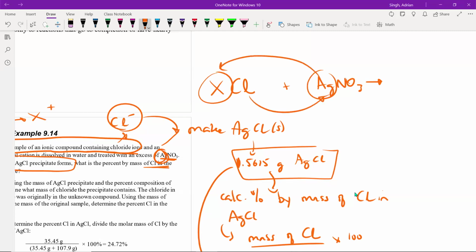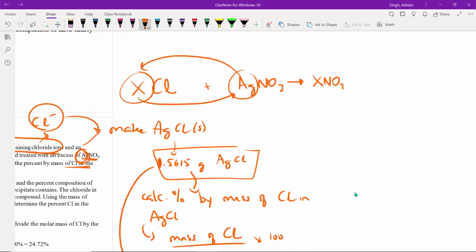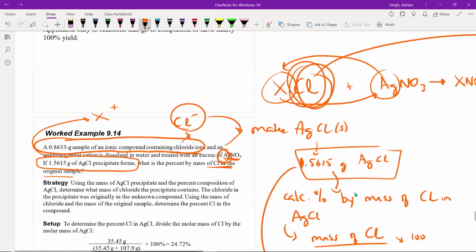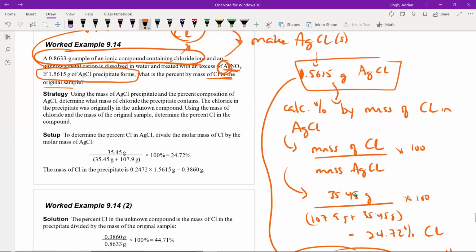So we end up making the nitrate of metal X plus the silver chloride, right? So the chloride that was in this unknown compound actually ends up being in that silver chloride solid precipitate at the end. So that's what we're taking advantage of in this gravimetric analysis.